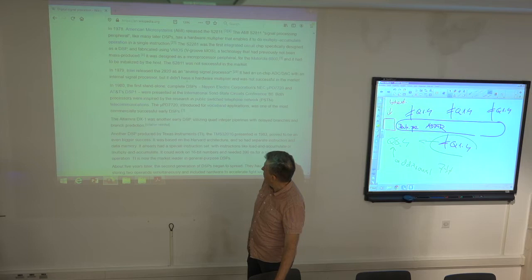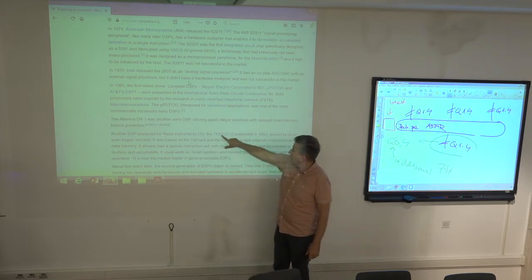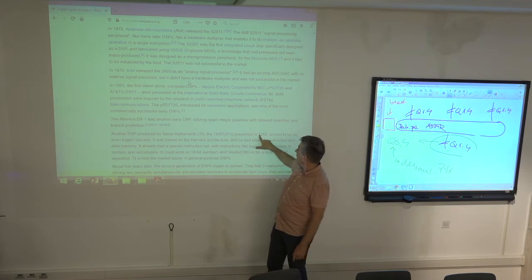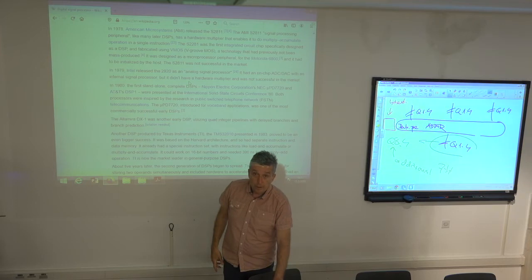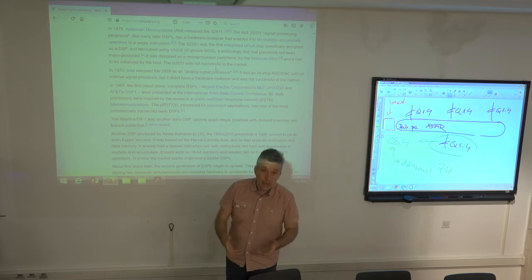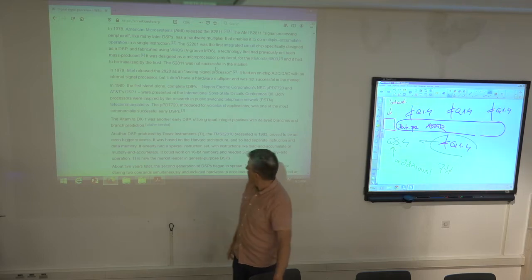This first chip is also mentioned here, the Texas Instruments 32010 in 1983. So almost 40 years ago, we had this first DSP that was based on the ideas used in this processor for toys, for speech synthesis.